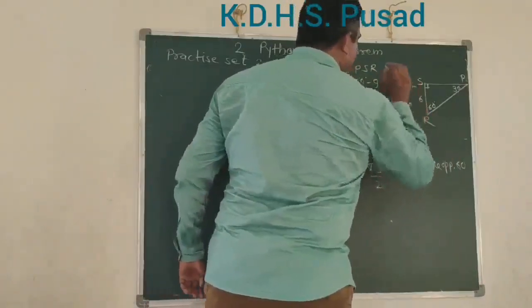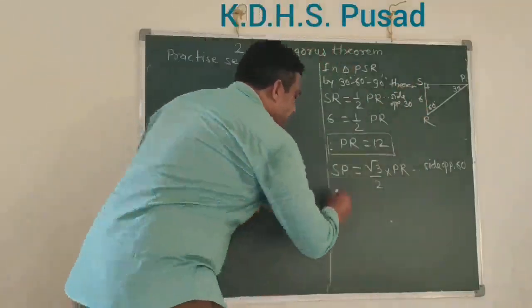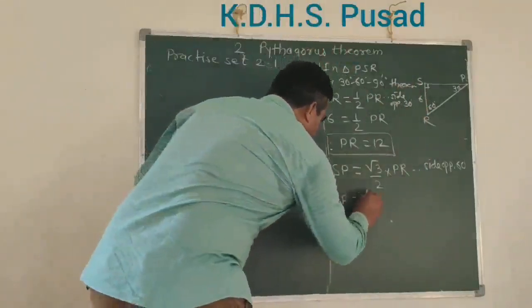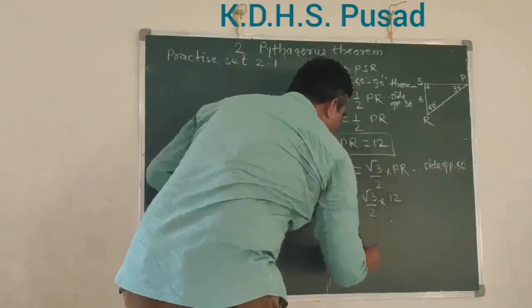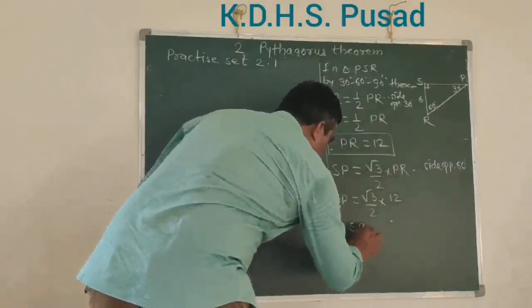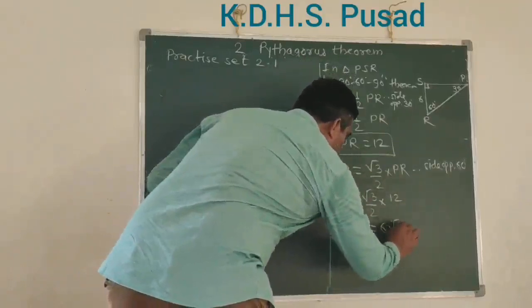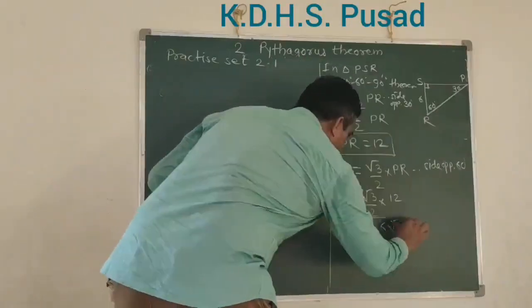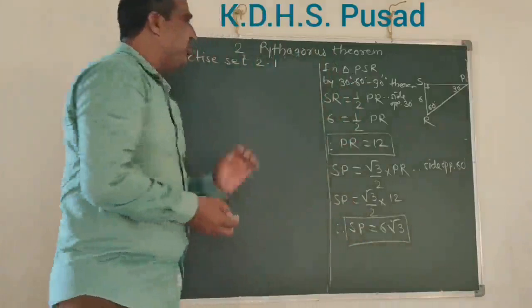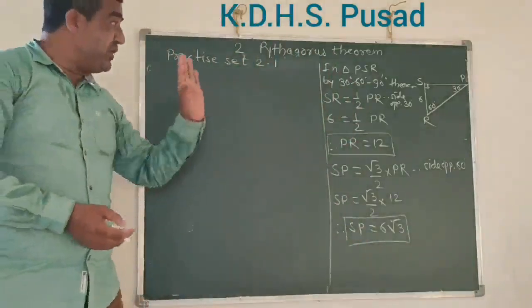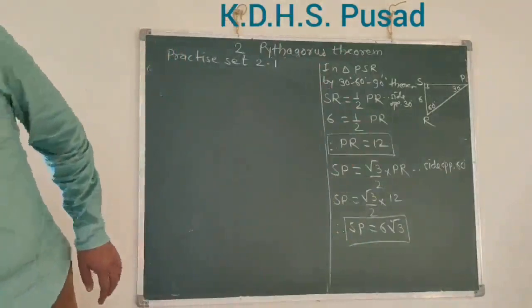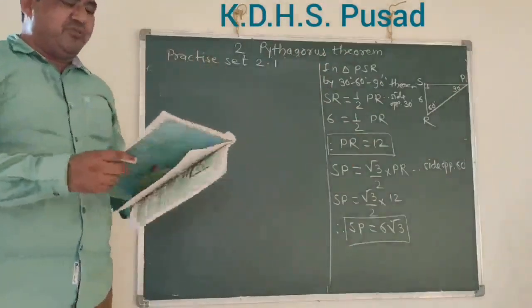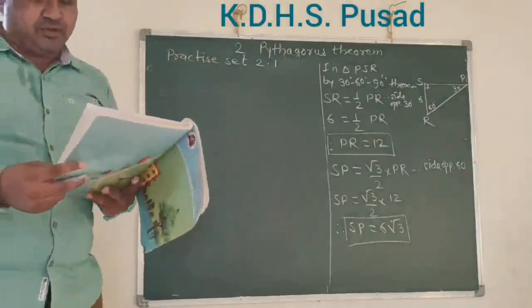Now here SP equal to root 3 by 2 and the value of PR we just found is 12. So perform the calculation. Therefore SP equal to 6 root 3. In this way you have to use the 30, 60, 90 theorem which we have studied in standard time. Now question number 5 in the same way, using the 45, 45, 90 theorem.